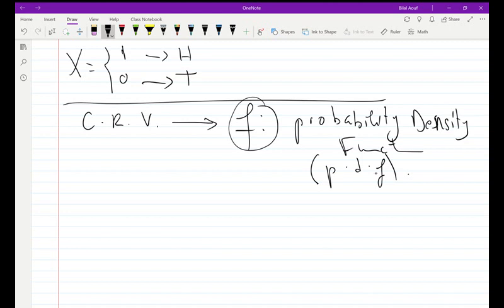And there are two conditions that must be satisfied to call this function a probability density function.